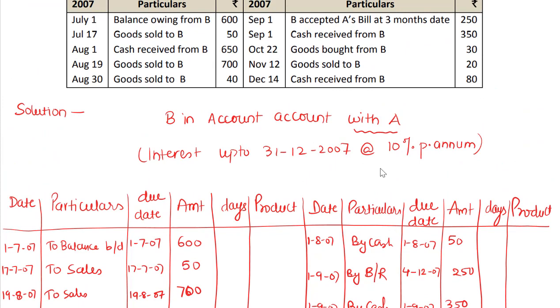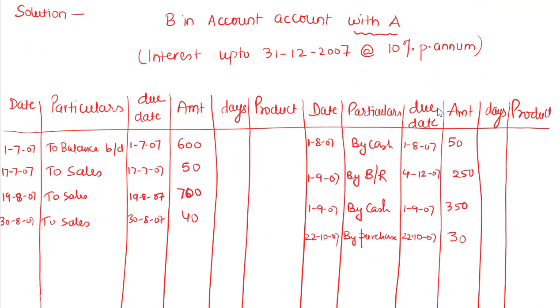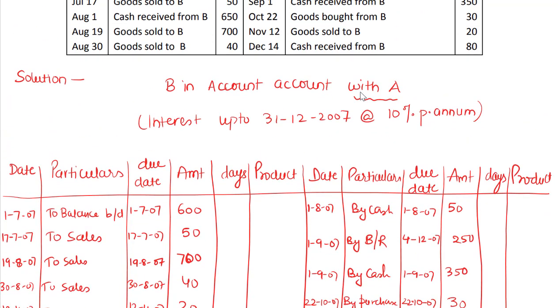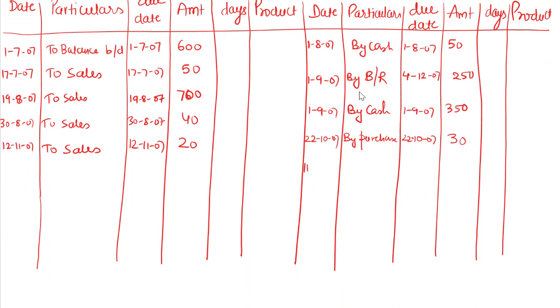Next, November 12, goods sold to B 20, to sales 20. Due date 12 November. Next, cash received from B 80. Date 14 December 07, by cash 80.